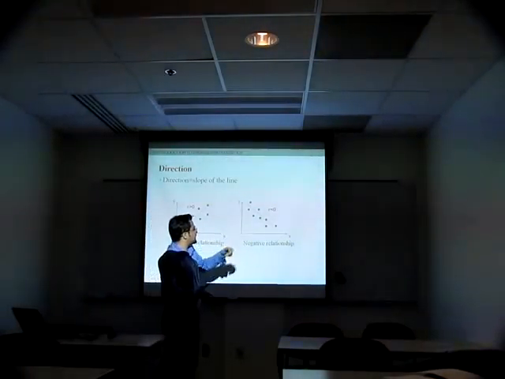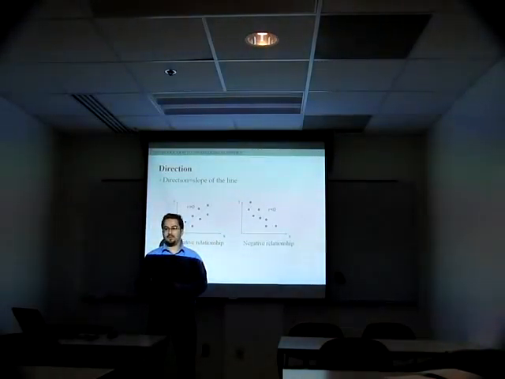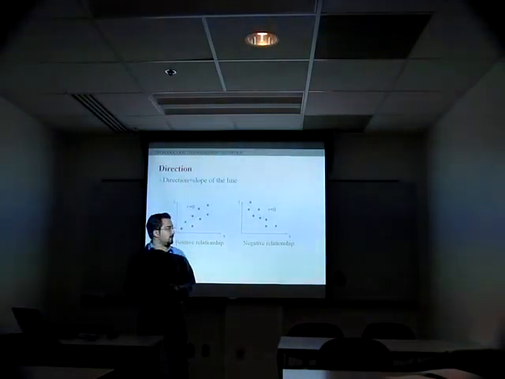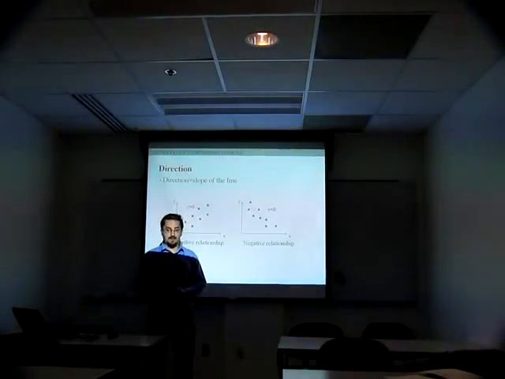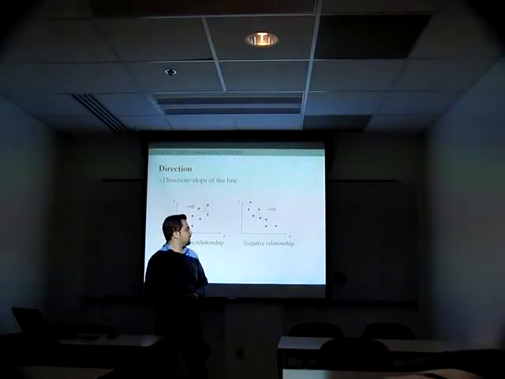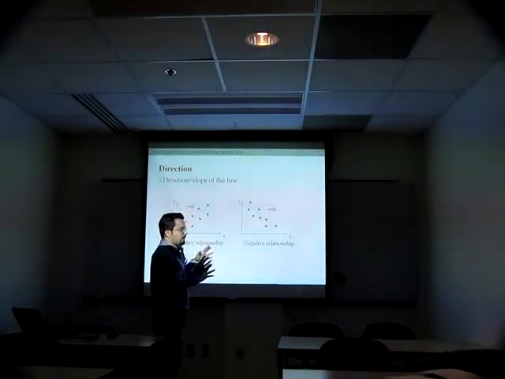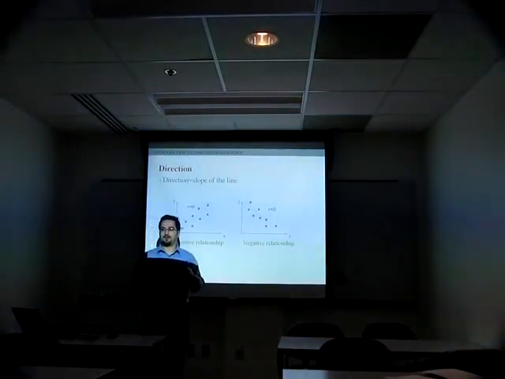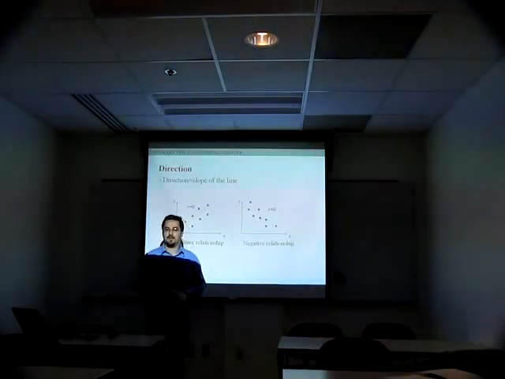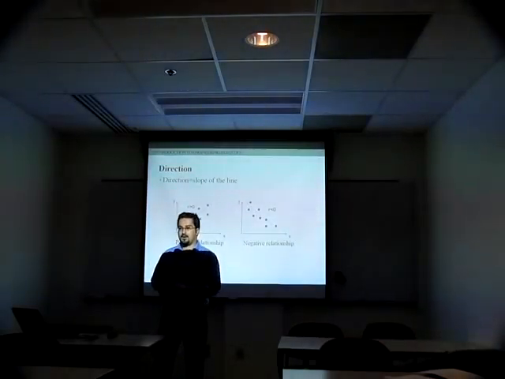On the right side, as you see, the line has a negative slope, so it shows that our relationship is negative. For example, by increasing the x value, the y value decreases. These are graphical ways to show the direction of our relationship between two variables.